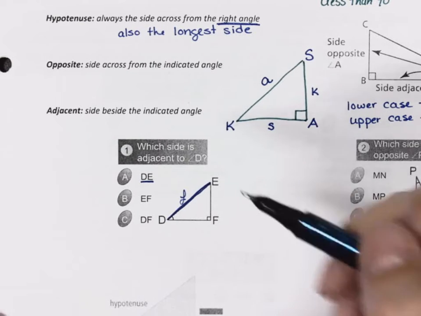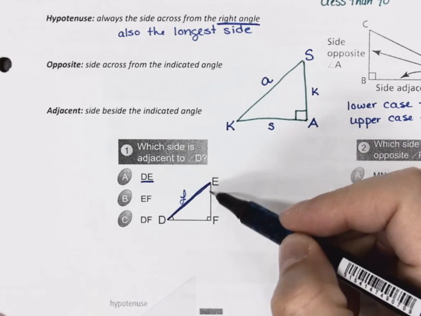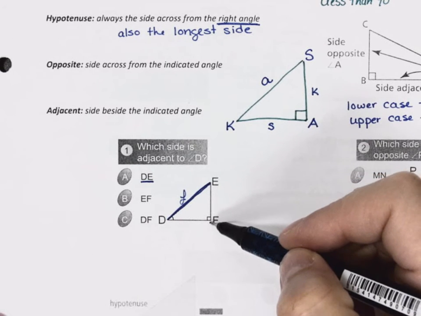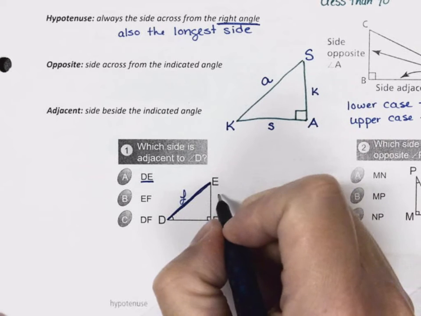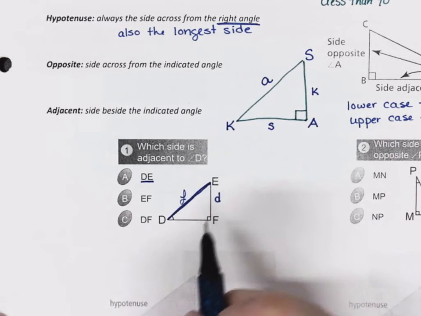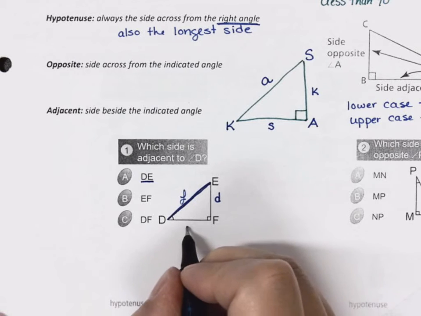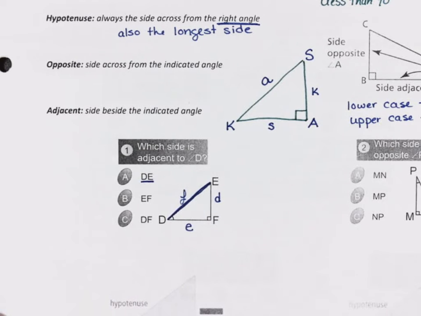Okay, EF, what side would that be? It would be the opposite, but what letter would that be? That would be side D. And then side DF would be letter E. Okay? All right, now we're going to actually answer that question.